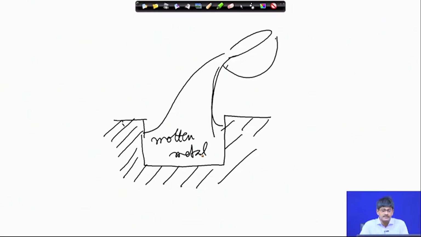If it solidifies, it will attain the internal shape and be of a definite size. So, this is casting. Melt the material, pour it into a cavity of predetermined shape and size, and when it solidifies, we can take it out. We can destroy this particular sand mold which is shown here, and we will get a solidified body.